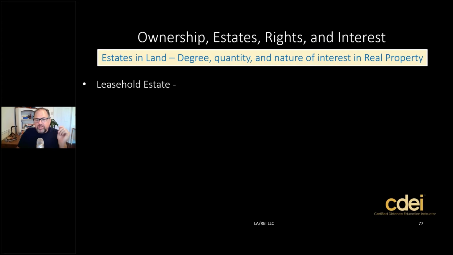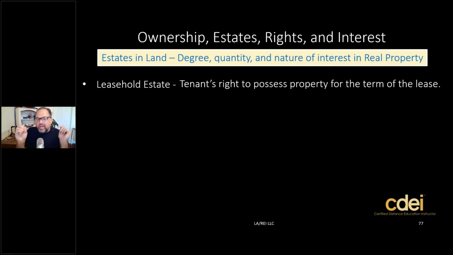When we refer to leasehold, we're talking about a tenant's right to possess this property in terms of rent only. That's called equitable title. It's possession only, so we're not talking about ownership of the property. Someone else owns it and is leasing it to you. You're the tenant, and you have the right to possess the property as possession only.